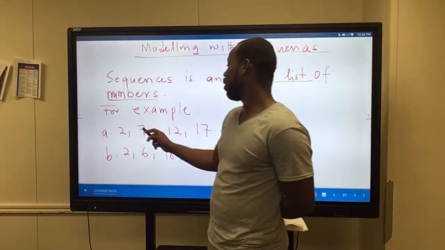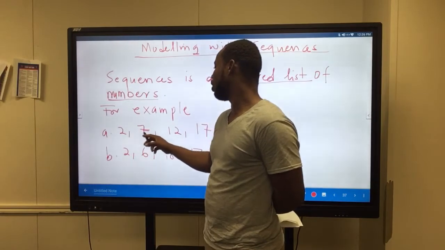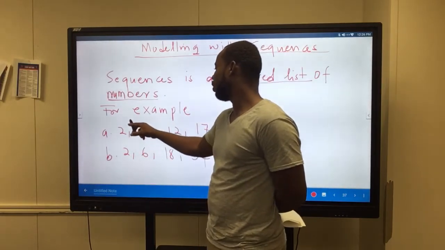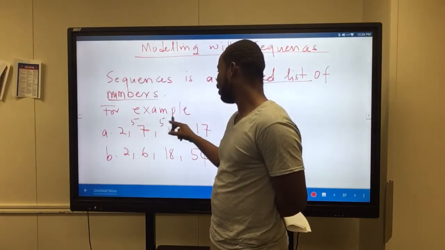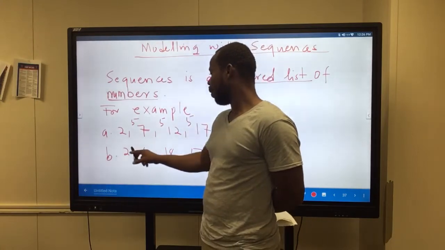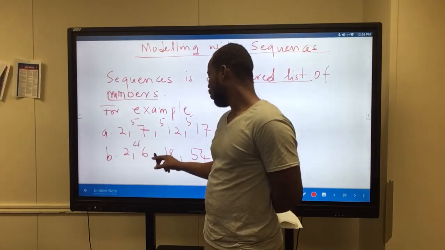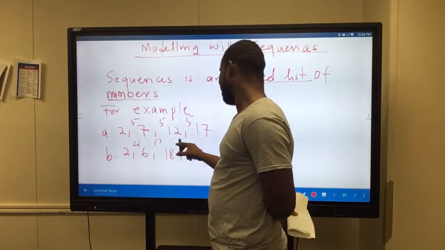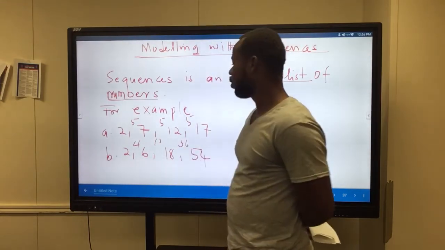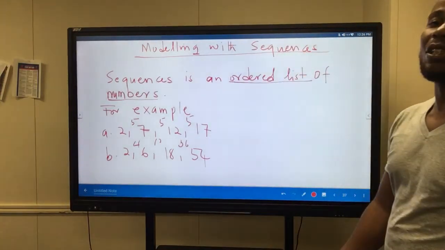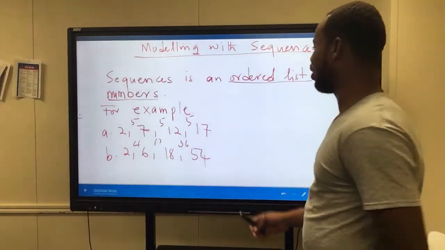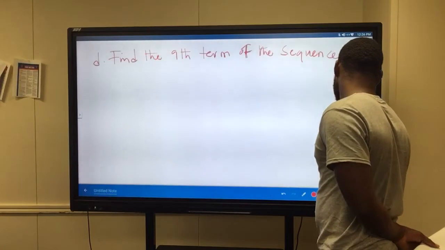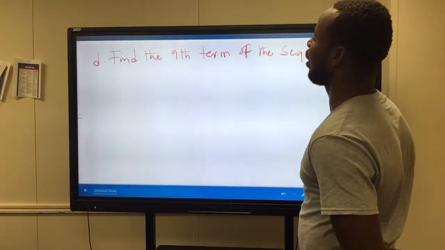This one is just 2, 7, 12, so the difference here is 5, the difference here is 5, the difference here is 5. But this one, the difference is 4, then it goes to 12, then it goes to 36. So you want to know what actually is happening over there. We have to know what the different kinds of sequences are.